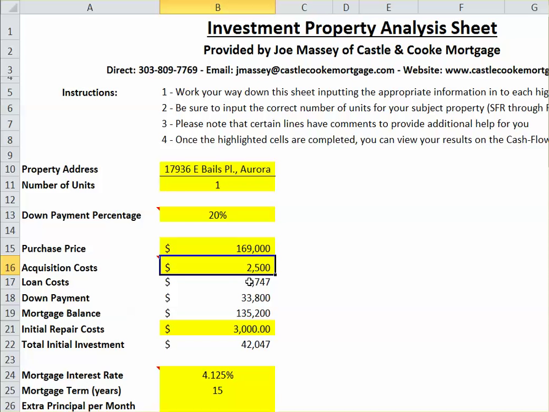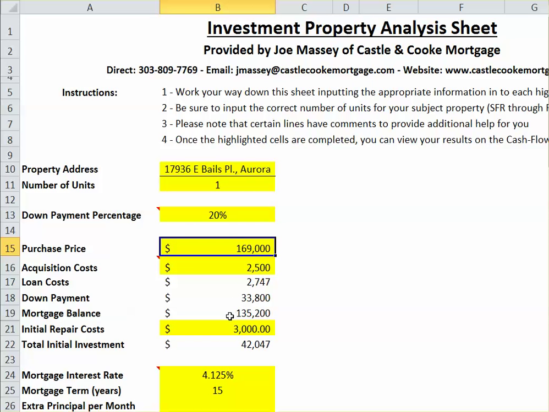His loan cost to actually get the loan was $2,747, and he put 20% down, so 20% of 169 is $33,800. What you'll see is that you can change the numbers in the yellow fields, and then these fields are actually auto-calculated based upon averages. So loan costs, an average loan of 169, you're going to put in about 2747. So he put down 33,800 on this.